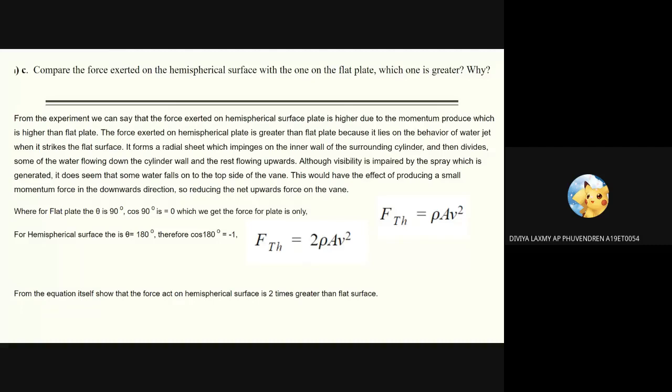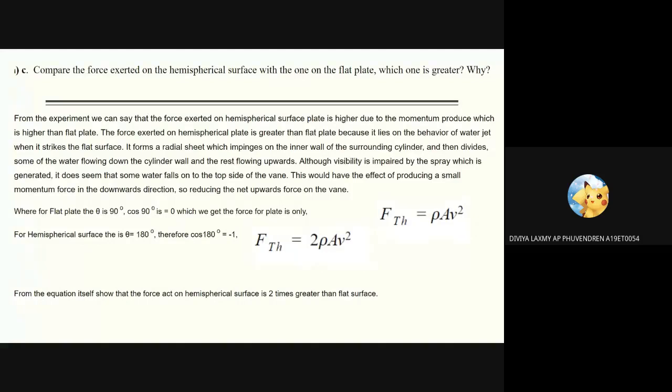Although visibility is impaired by the spray which is generated, it does seem that some water falls on the top side of the vane. This would have the effect of producing a small momentum force in the downward direction, reducing the net upward force on the vane.